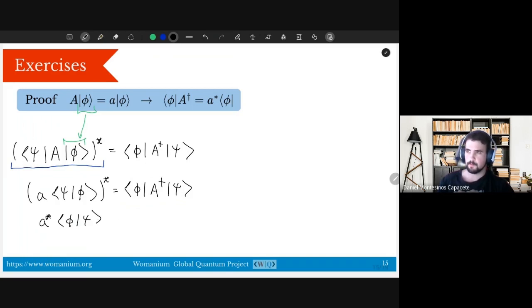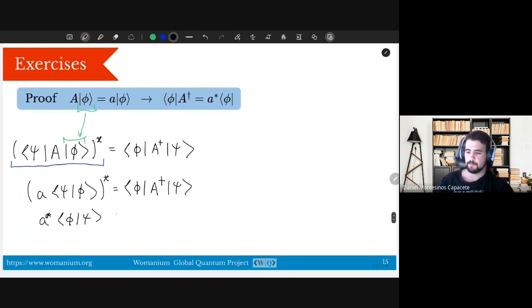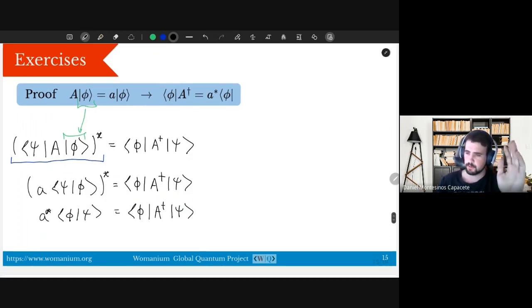So at this point, we have basically solved the exercise, since we have this vector here. Let's highlight something. This vector is the same for any vector in your Hilbert space.